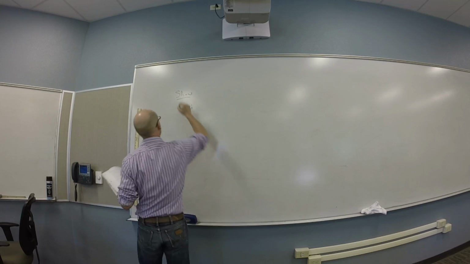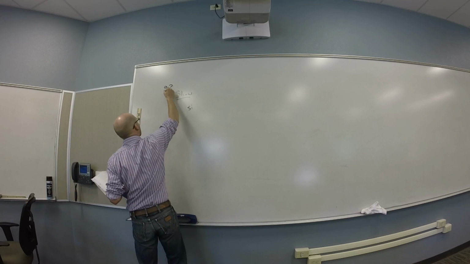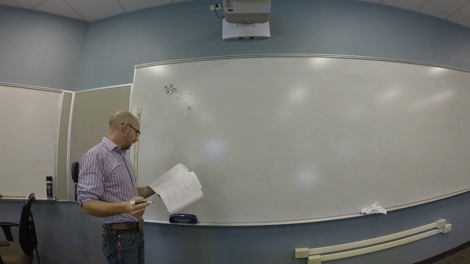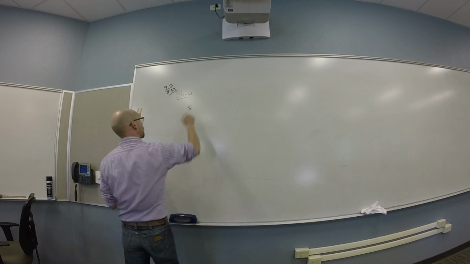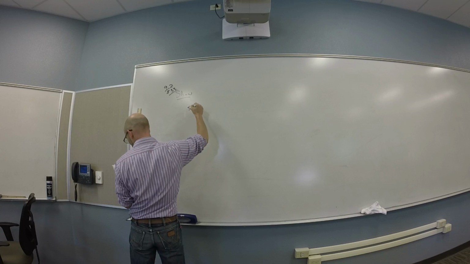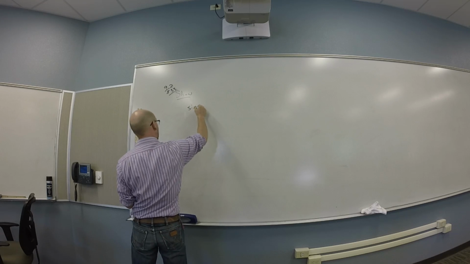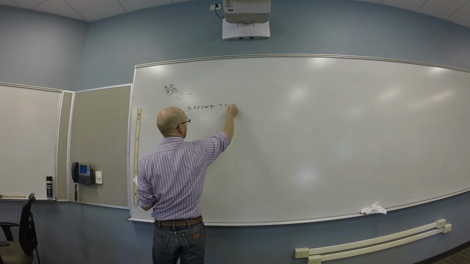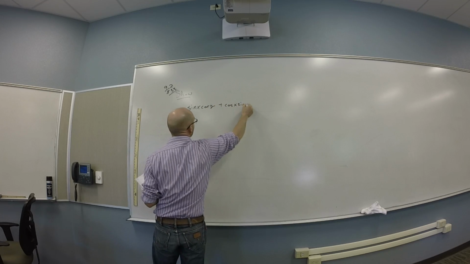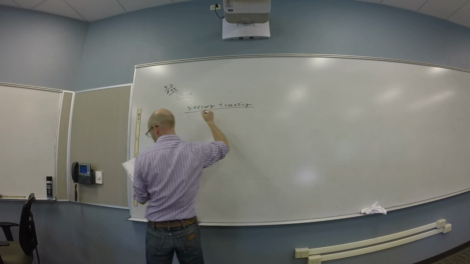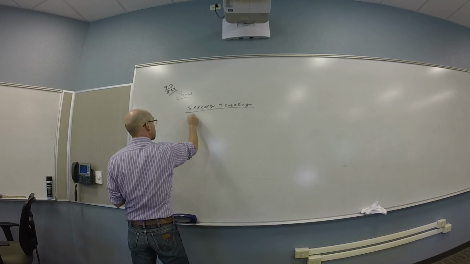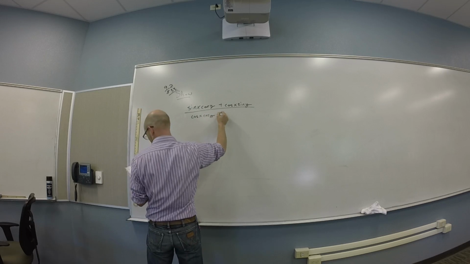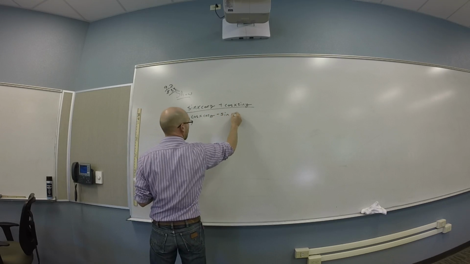All right, so 9.2, number 33. We want to show one of these trig identities. And so here's what I have. I have sine of x cosine of y plus cosine of x sine of y over cosine of x cosine of y minus sine of x sine of y.